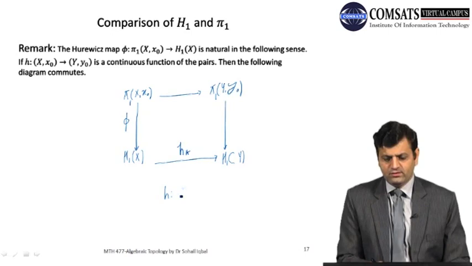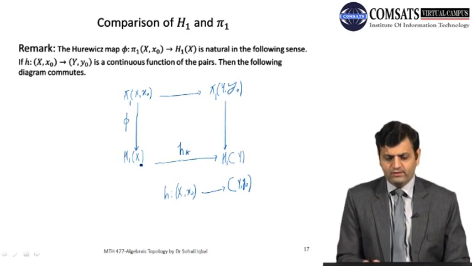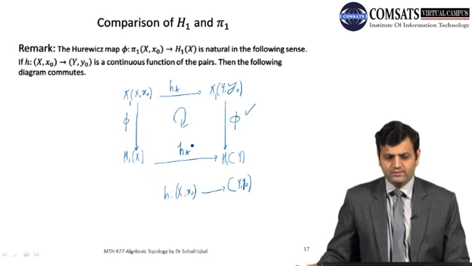Okay, so h is the continuous function from X0 to Y0. This h lower star is the corresponding map between the homologies, and this h lower star is the map between their fundamental groups. And for each fundamental group, pi 1 of X0 and pi 1 of Y0, there is this Hurewicz map, and this diagram commutes.